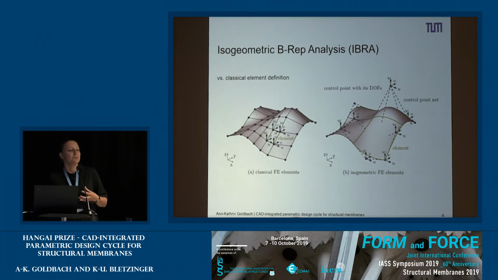So I think many of you know this control point net that you get from the CAD program. And isogeometric analysis takes this control point net and uses that to define the elements and to put the degrees of freedom to then perform any analysis, really.